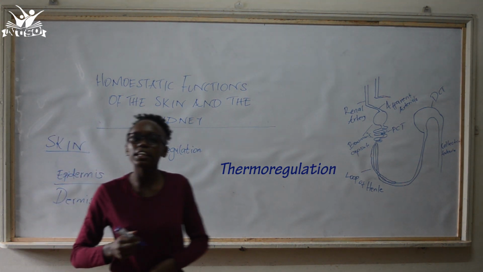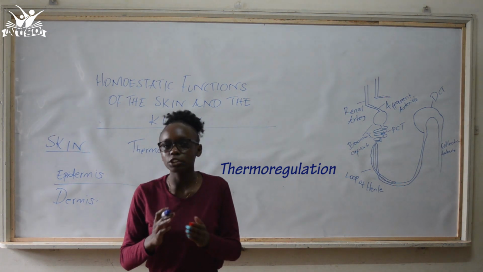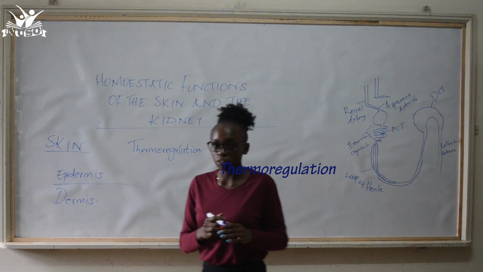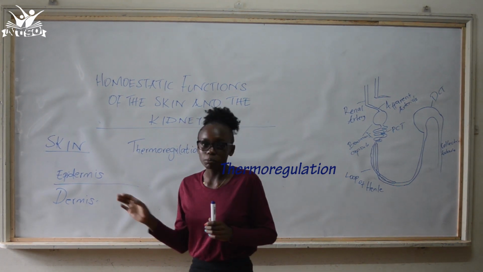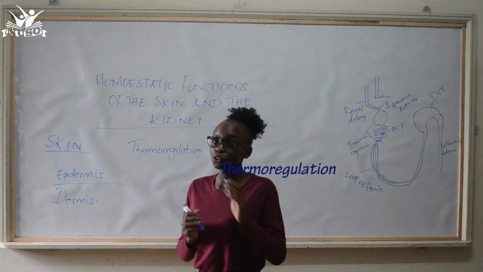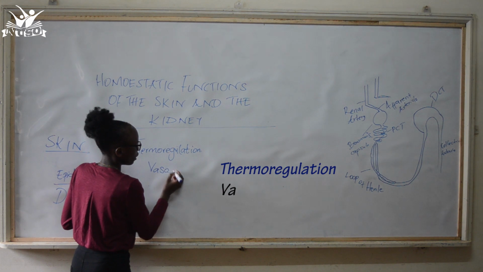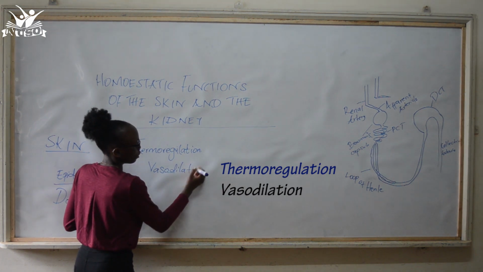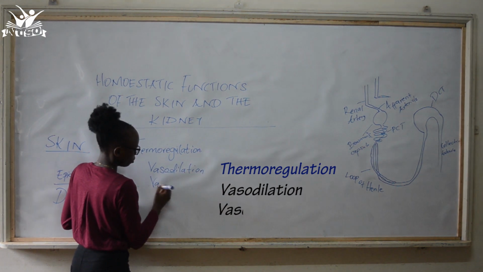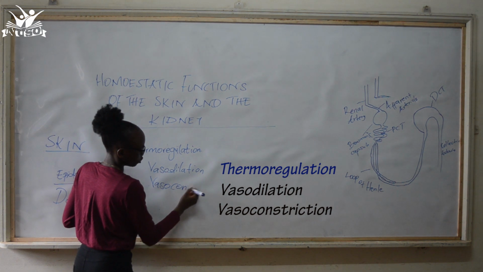Thermoregulation is simply the regulation of temperature of the body, and the skin performs it. The skin makes it possible through two processes: vasodilation and vasoconstriction.